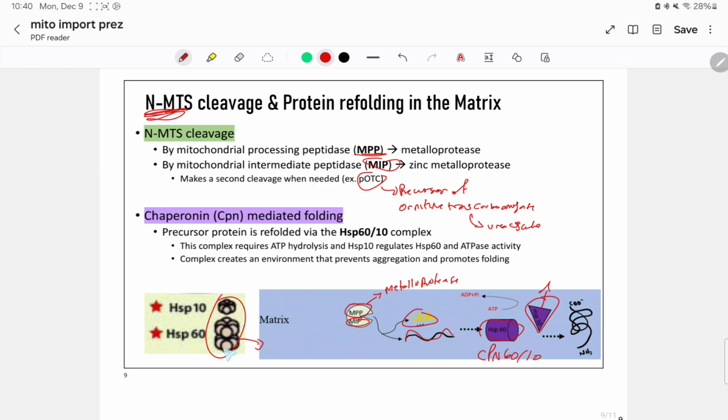The HSP60 is a two-ringed heptameric region, okay, and this two-ringed heptameric region at either end is going to be capped by an HSP10 heptamer, which creates an isolated environment and then prevents aggregation of the protein with other things in the matrix and promotes a state of folding.